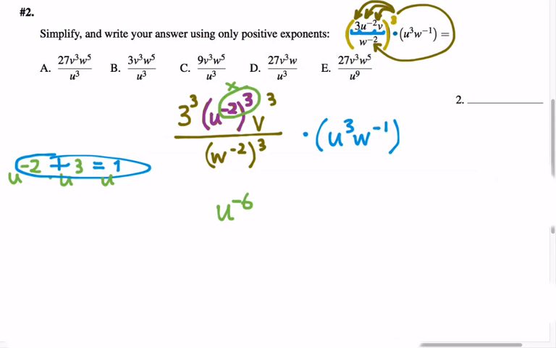When you multiply powers, you add exponents. But here, we're not multiplying powers, we're raising a power to a power, right? A power of a power. And a power of a power is when we multiply. So multiply these together, get negative 6.